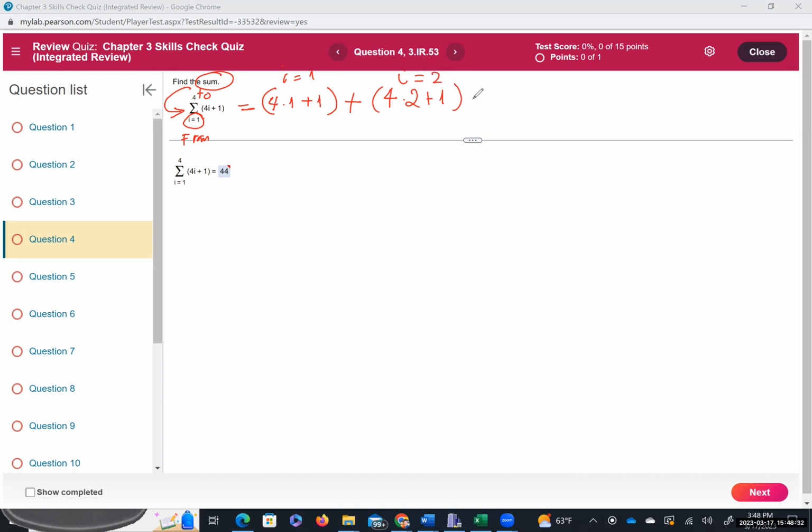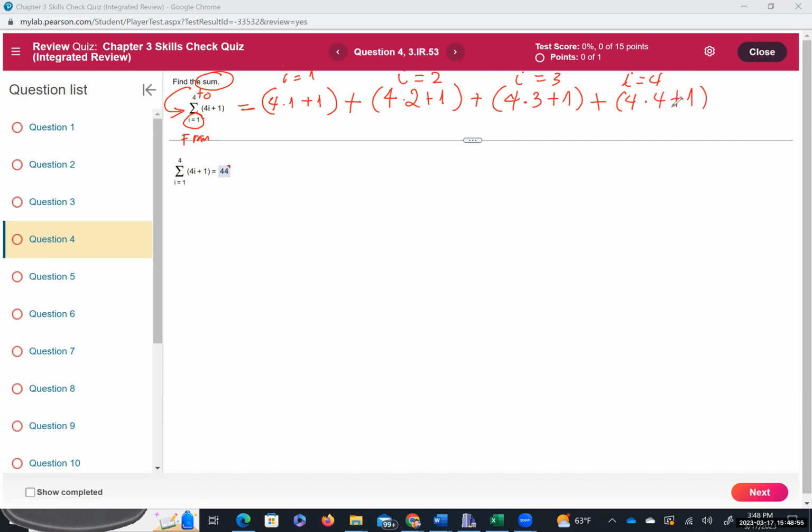And you keep going like that. When i equals 3, you have 4 times 3 plus 1. And you add the next term, i equals 4: 4 times 4 plus 1.